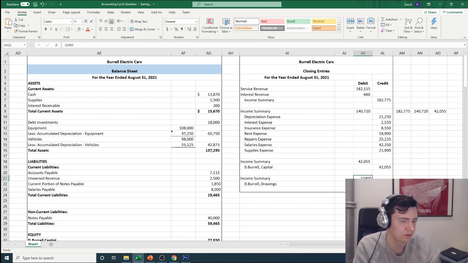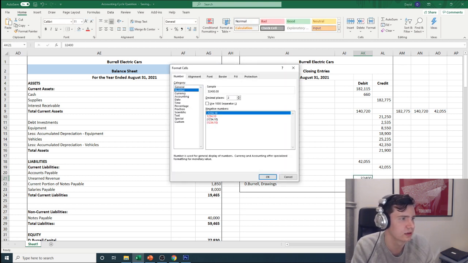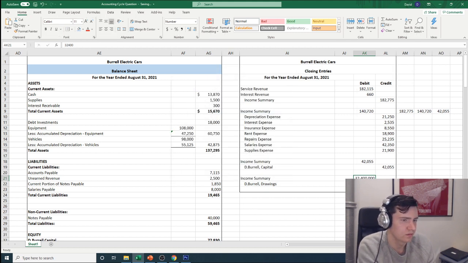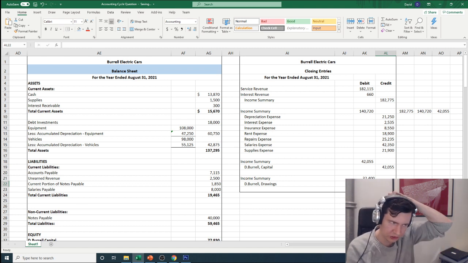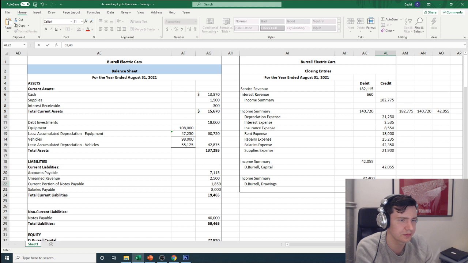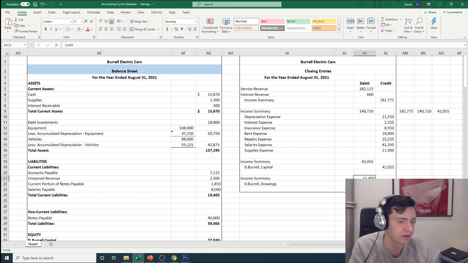Okay, so we're going to transfer the dividends to income summary, and that's going to be taking away some of the retained earnings and distributing that to owners.